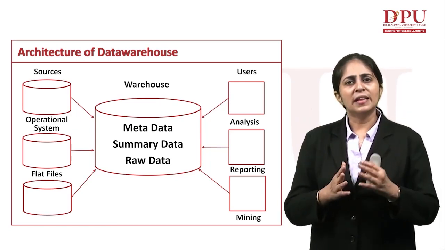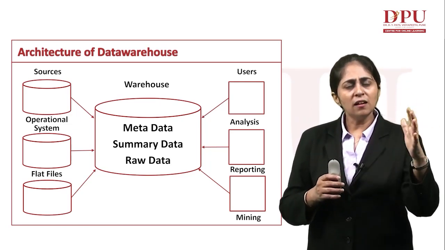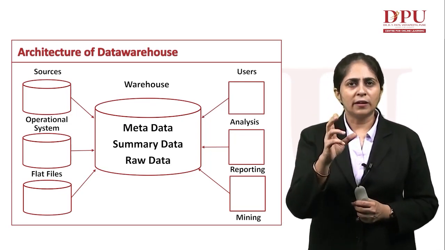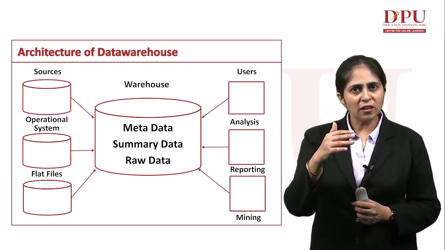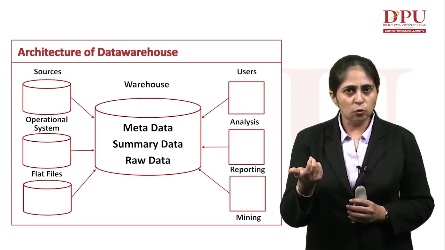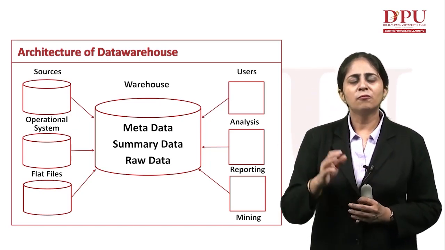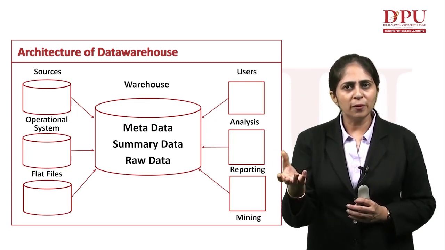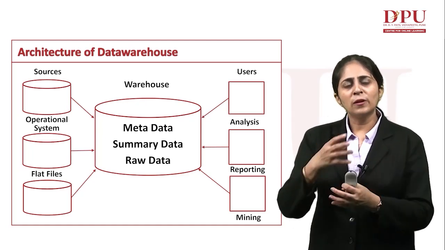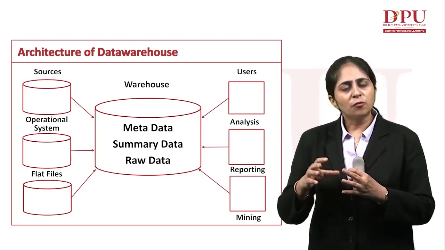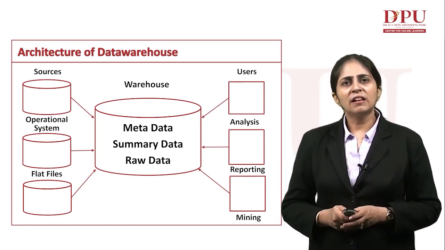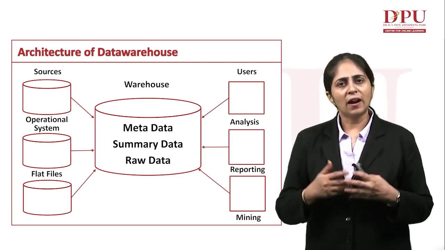So the input for the warehouse is the operational system and the flat files. And the main data warehouse will contain the metadata, the summary data, and the raw data. Now this data can be used by the users for analysis, for making some form of reports, or for mining purposes. Mining purposes means if you want to extract some important data from there. So for data mining also, we can use that data from the warehouse. So this is the general form of architecture of our data warehouse.